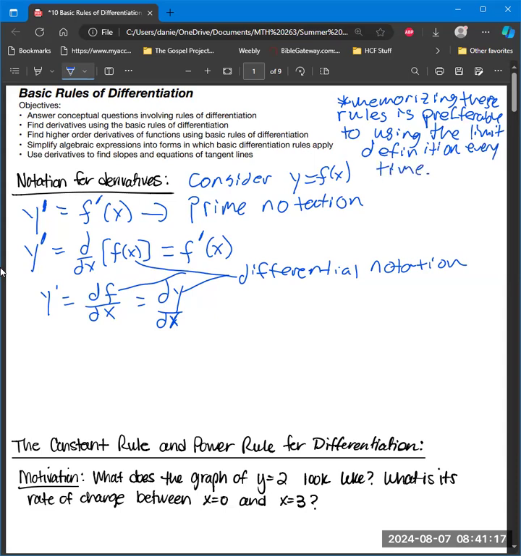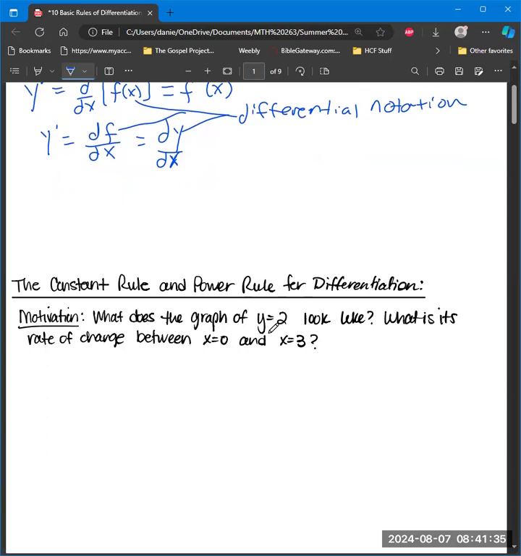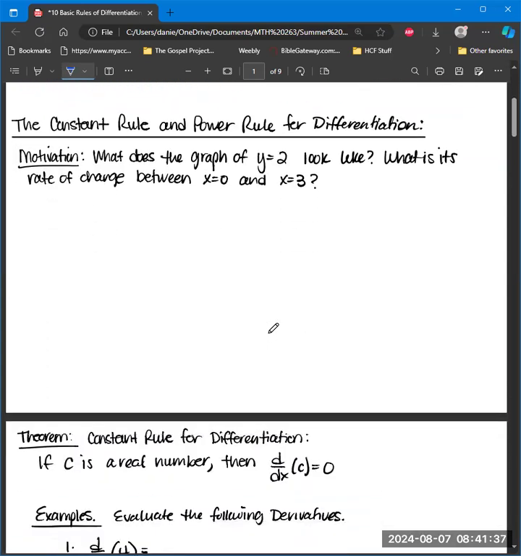The limit definition is there for when you don't know a rule like this and you need to use the definition, which always works. But hopefully you know these rules so you don't have to go back to the limit definition every time, unless the problem prompts you to use the definition to answer the question, which will definitely happen because that is an objective of the course, to make sure you know how to use the limit definition.